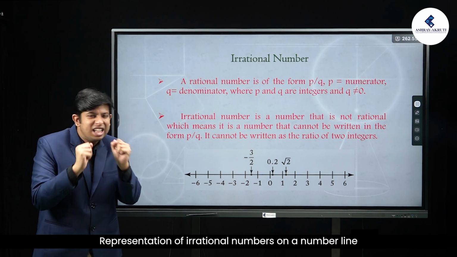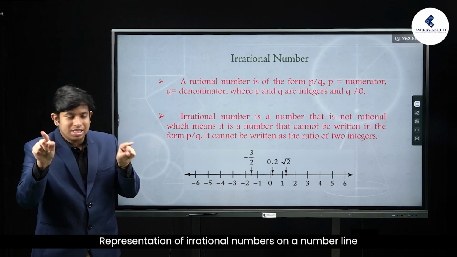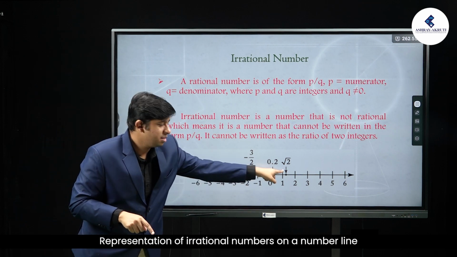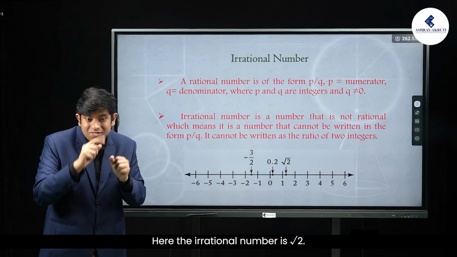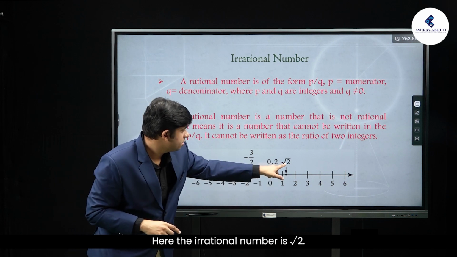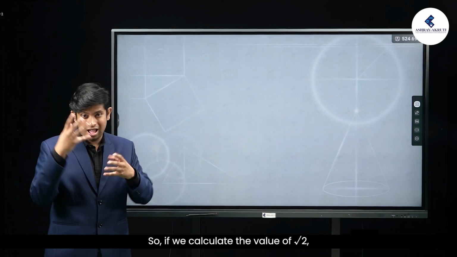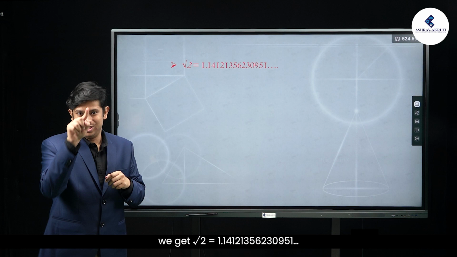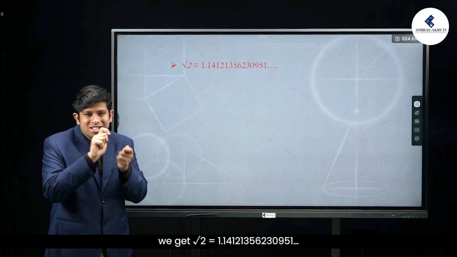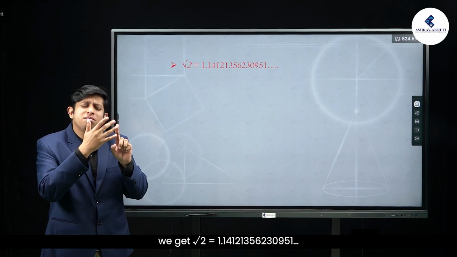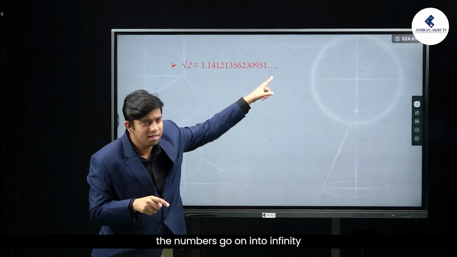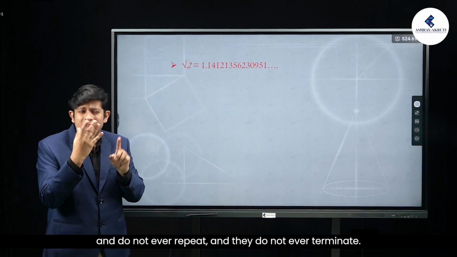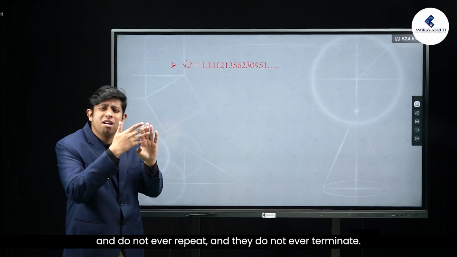Representation of irrational numbers on a number line. Here the irrational number is root 2. If we calculate the value of root 2, we get 1.4142 and so on. The numbers go on into infinity and do not ever repeat and they do not ever terminate.